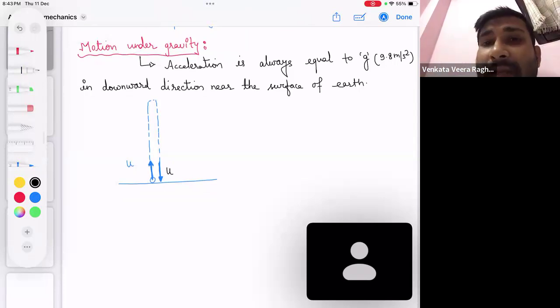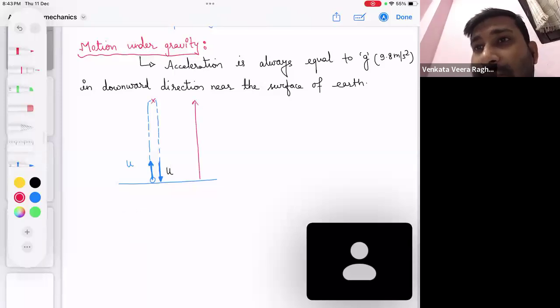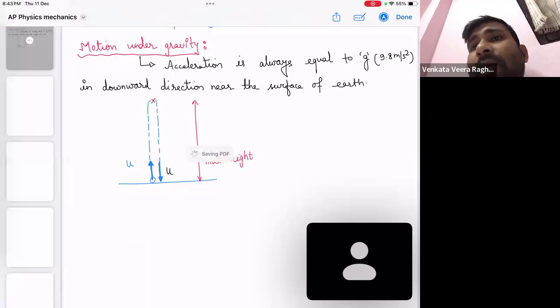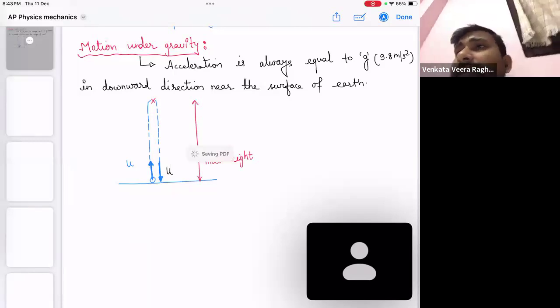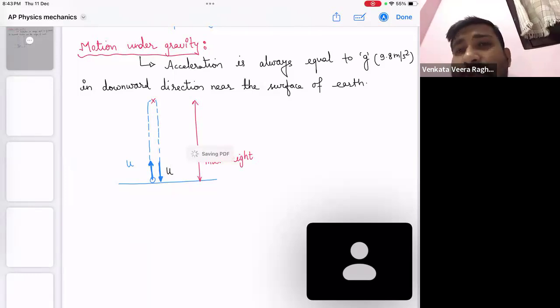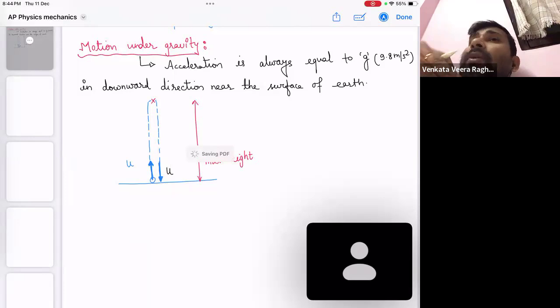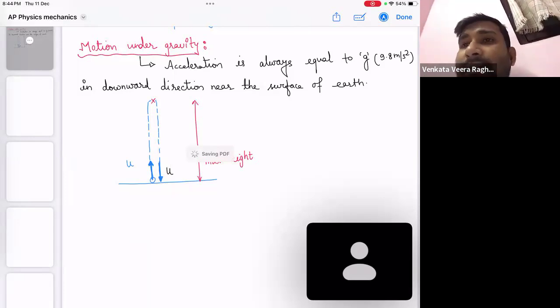Now tell me, what is this point called? That distance is called the maximum height. Why do we call this height the maximum height? Because the particle didn't go beyond that. And why didn't the particle go beyond that?